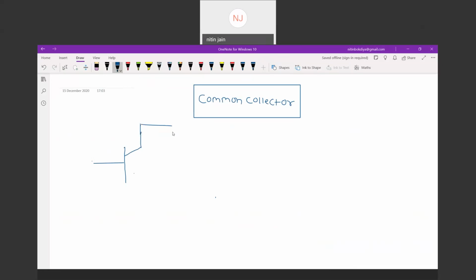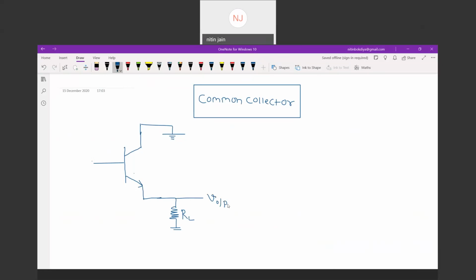This is connected to ground. Then we are having one emitter from which we are taking output. So from this point, this is RL load, and from this we are taking output.